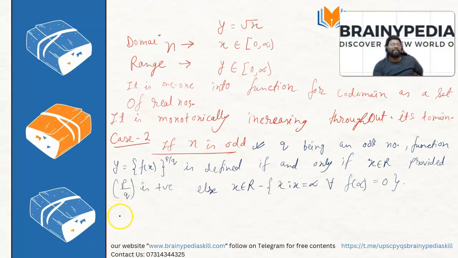Now let's take an example. Let y equals cube root of x. So if y equals cube root of x, what is the graph? How will the graph look like? It will look like this way.